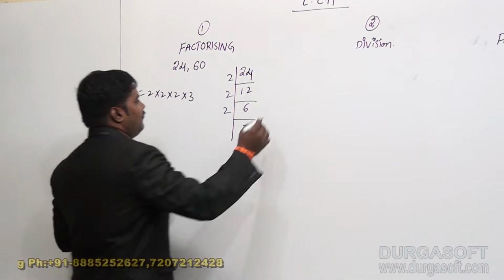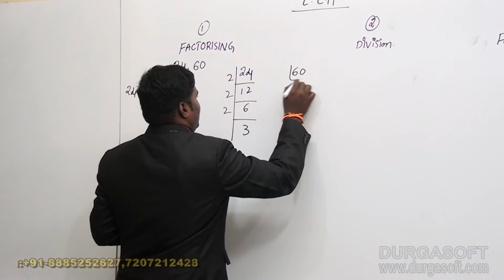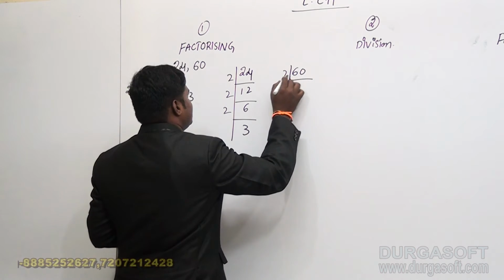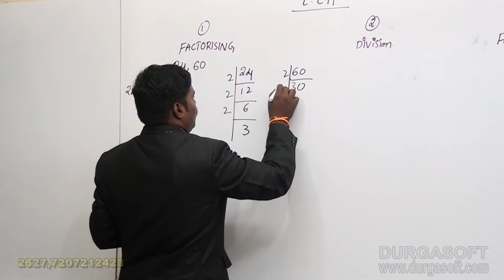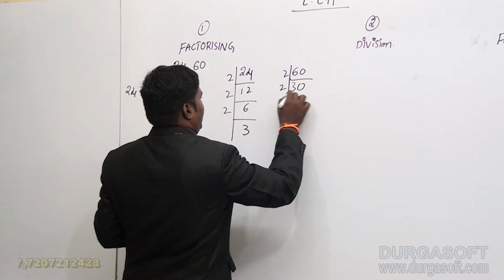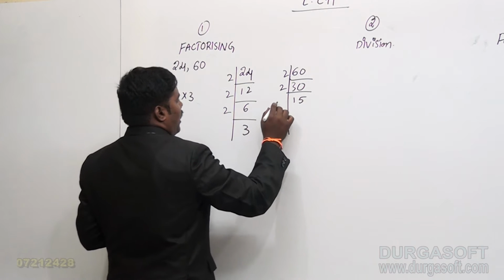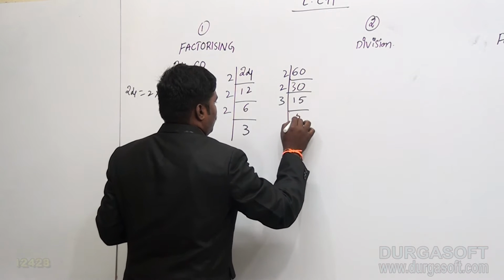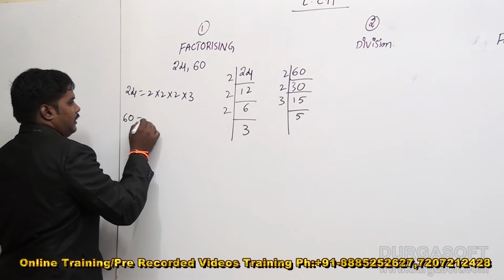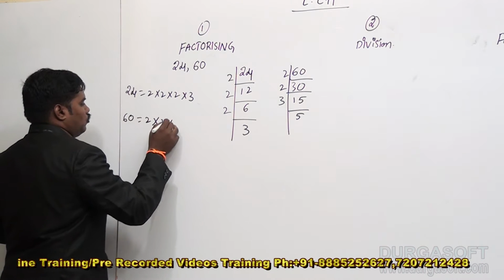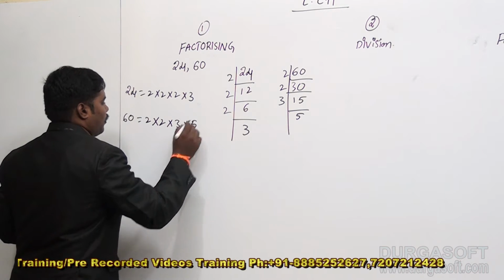In the same way for 60: 2 into 30, 2 into 15, 3 into 5, so the factors of 60 are 2 into 2 into 3 into 5.